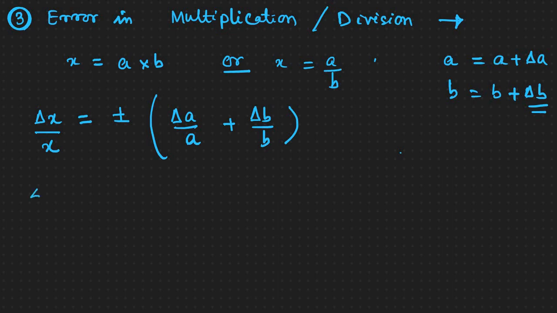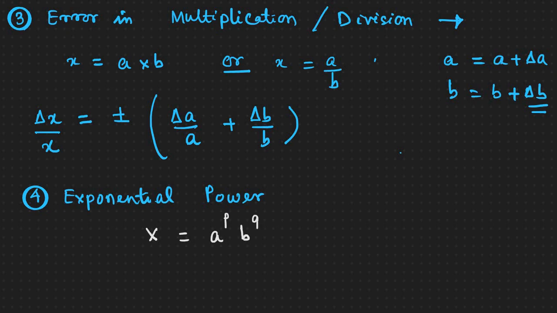Now in case of exponential power, how are we going to measure it? We can simply write, let x equals a to the power p and b to the power q, divided by c to the power z, where we are including multiplication as well as division.